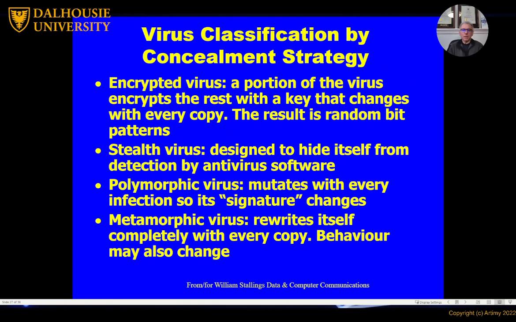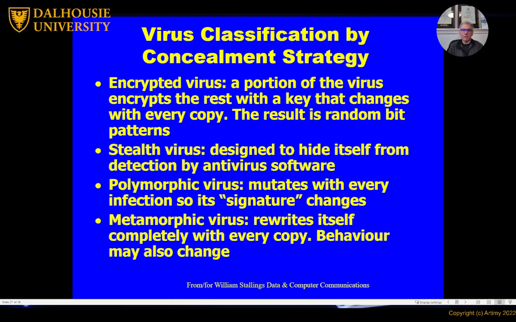Viruses can also be classified by how they conceal themselves. The virus could be encrypted. It encrypts itself, so you don't know what the content of the virus is or what the software is supposed to be doing. If you look at just the code of a virus, you can see the instructions, so you know what it's supposed to be doing.